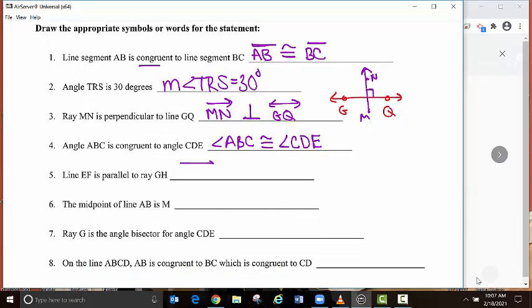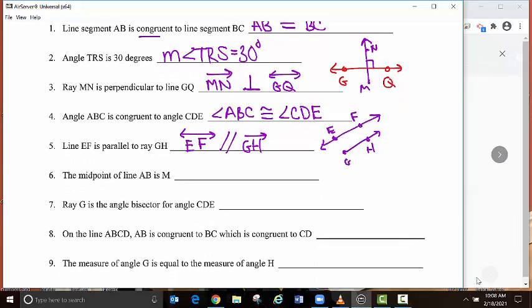Line EF is parallel, and I actually always do it on a slant, is parallel to ray GH. So like here's my line EF, and then here's the ray GH, and they'll never cross.